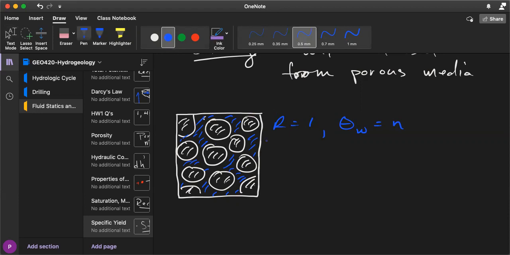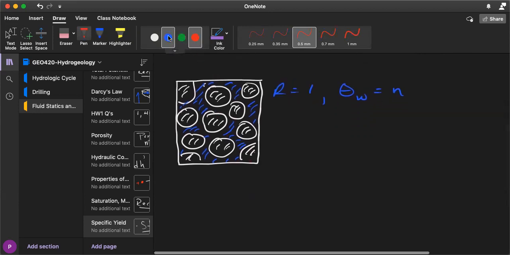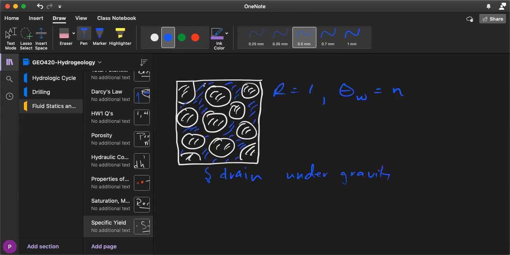Okay, so I drain this puppy. We let water drain under gravity. So all of our water sort of runs out the bottom here, right?